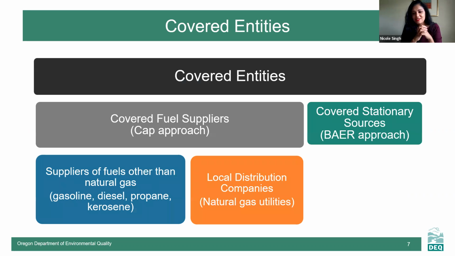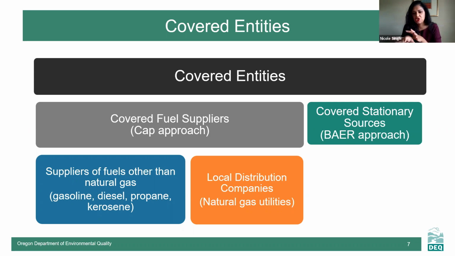Not that anyone in this training needs to know this, but the terms that we use in the Climate Protection Program: we talk about our covered entities, and we break that into two groupings. One is our covered fuel suppliers, which is mostly all of you on the phone today. And we also have our covered stationary sources, which have a best available emissions reduction approach.